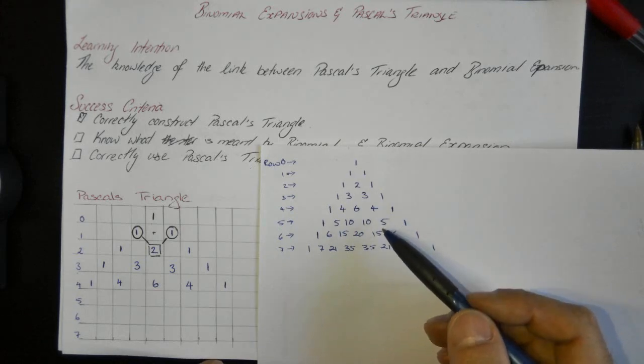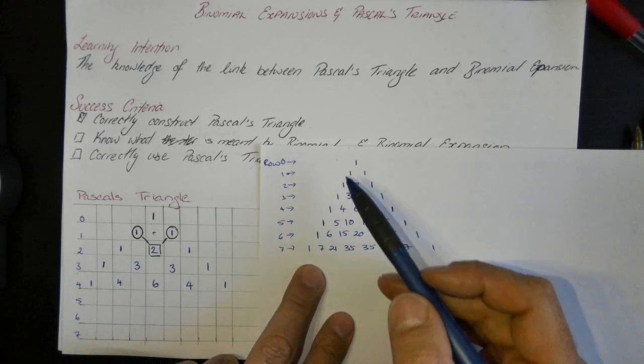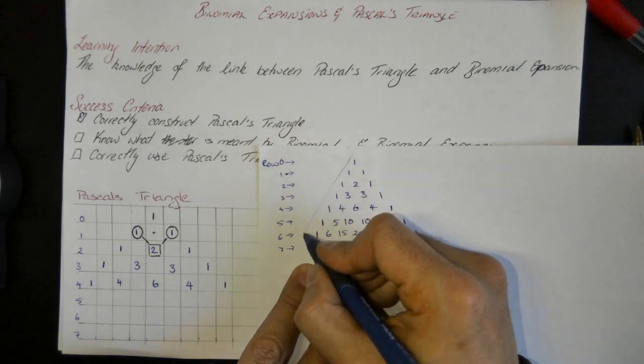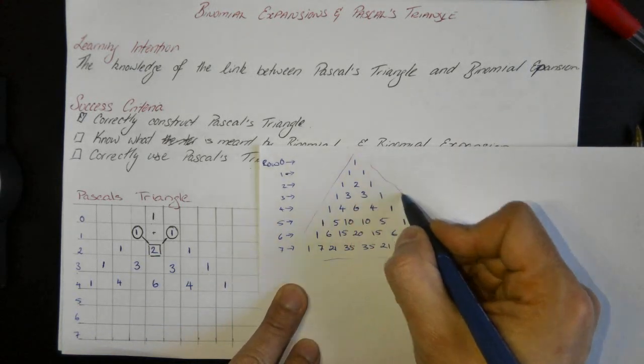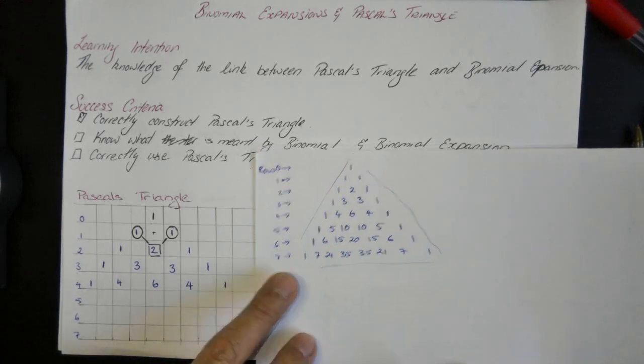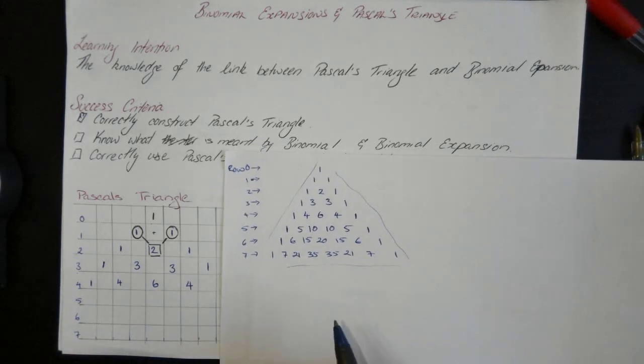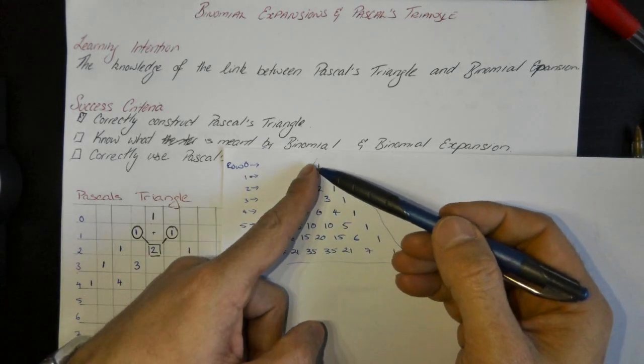As you can see it makes a triangle, but we can also write it with this being the apex over here.